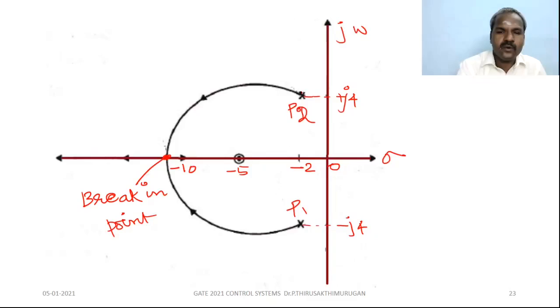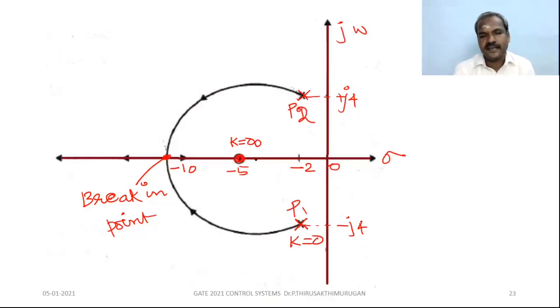So one branch originates from this pole, another branch originates from this pole. This branch originates at k equal to 0 and terminates at this finite zero at k equal to infinity.